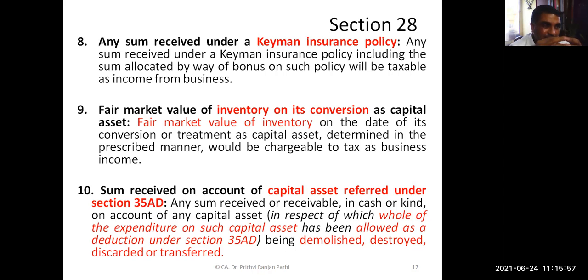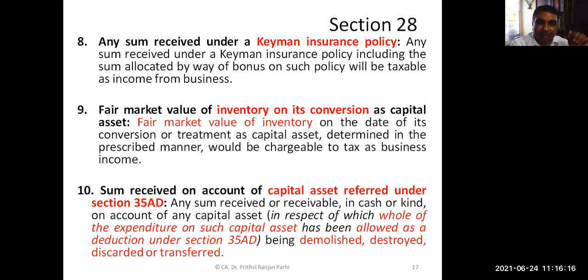You can claim the entire asset cost as expenditure in the same year itself, in the year of purchase itself. Normally, when you purchase an asset, it is treated as a capital expenditure, and every year depreciation amount is claimed in the profit and loss statement to arrive at the profit of the business.